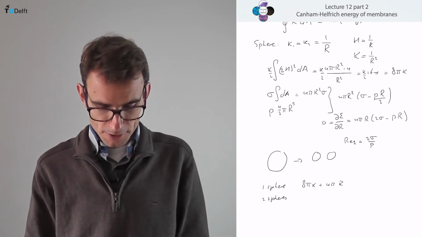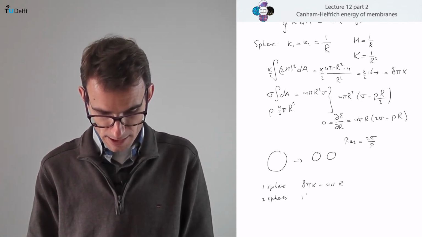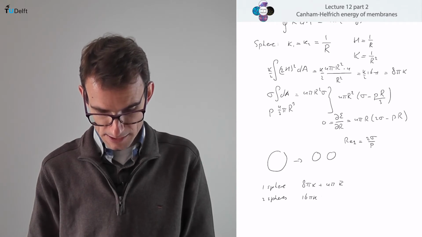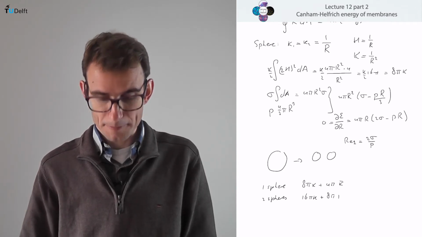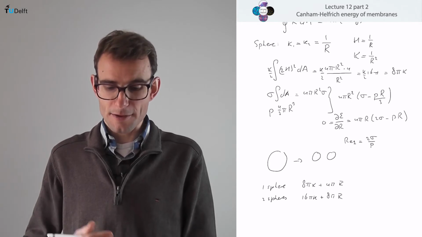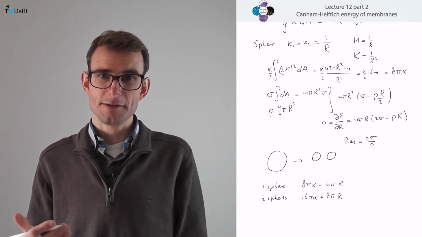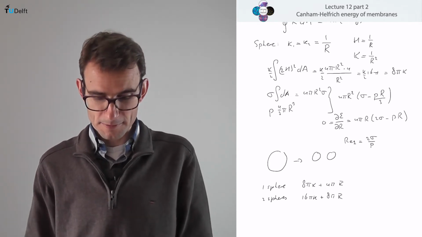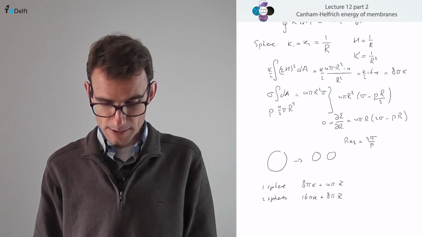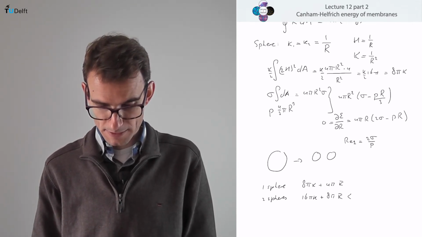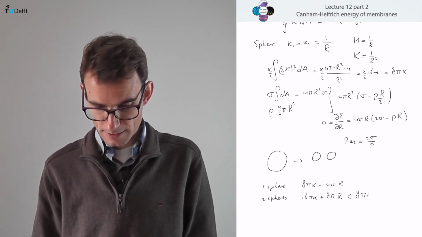So when is this going to be dominant? Right? So we have 16 pi kappa plus 8 pi kappa bar. And so if two spheres are favored over one sphere, that means that this number has to be less than the number of one sphere, 8 pi kappa plus 4 pi kappa bar.